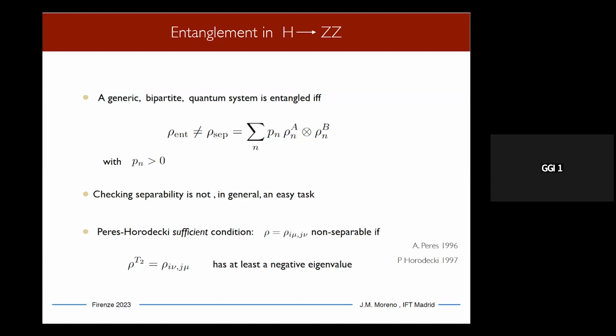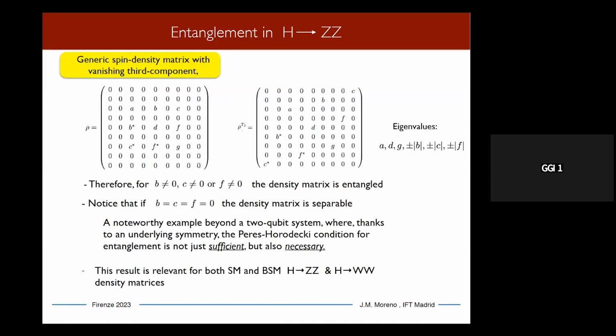In general, this is very complicated, but Peres and Horodecki showed that a sufficient condition is this: if you build the transposed matrix, transposing in just one of the two indices, let's say Bob's, and this matrix has a negative eigenvalue, then the state is entangled.